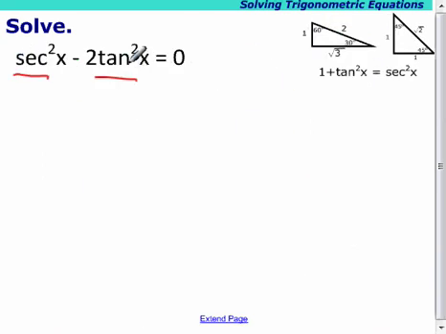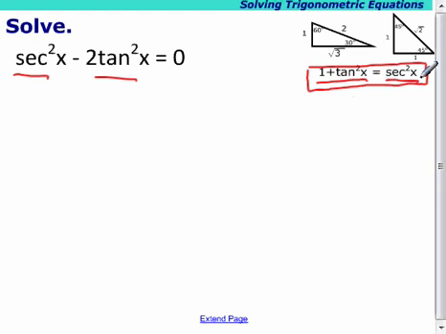But this one's got two. I need somehow to get that to one ratio. And if you remember what we did in the last unit, we saw an identity that looked like this. 1 plus tan squared would be equal to secant squared. Anytime I see this, I can replace it with that, or vice versa.